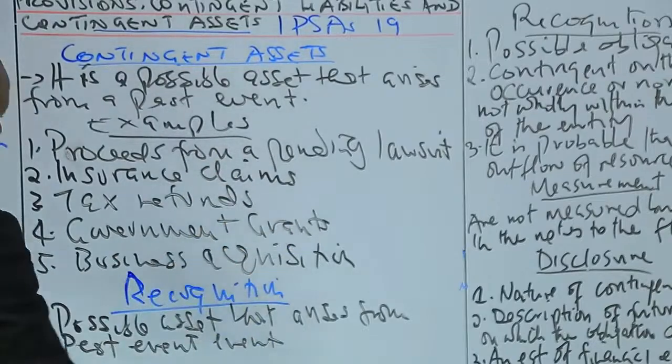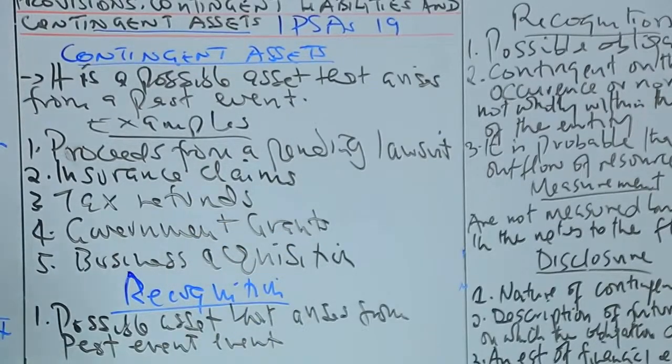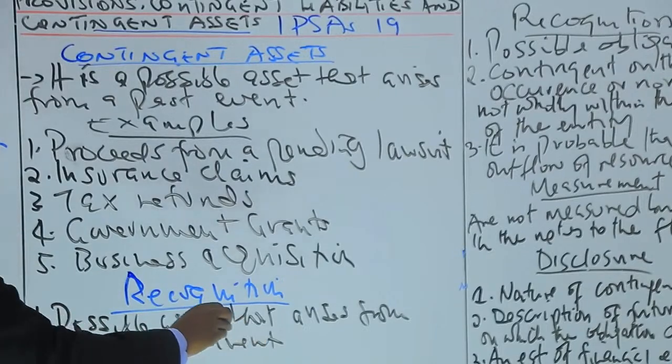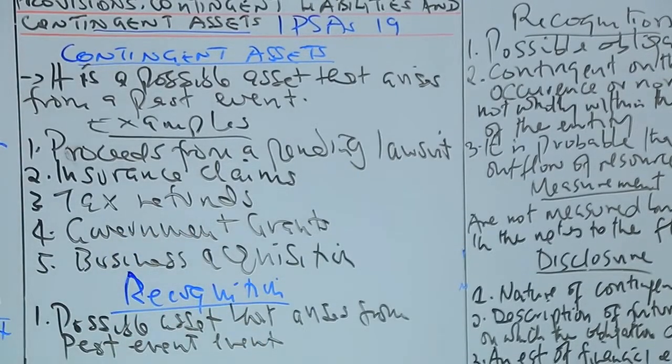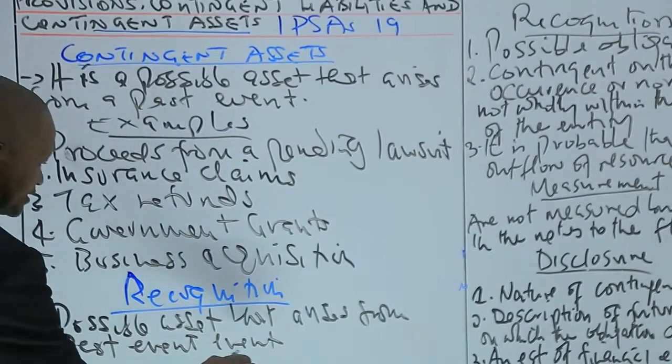Government grants, possible assets. Consideration from business acquisition is a possible asset. So the first criteria is that there ought to be a possible asset that arises from a past event.